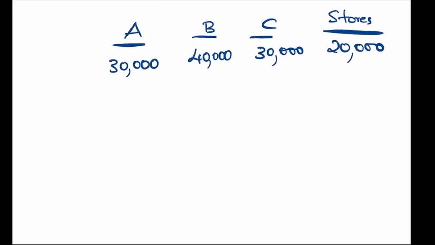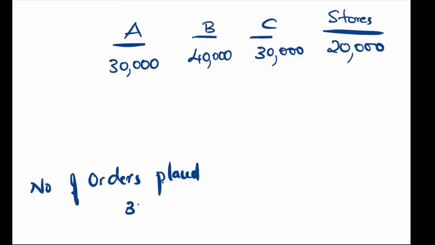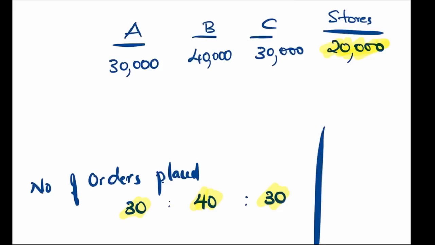The cost of the service department has to be given back to the production departments A, B and C. So let's say the number of orders placed was 30, 40 and 30. So the entire cost of 20,000 will be divided between A, B and C in the ratio of 30 is to 40 is to 30, that is 3, 4, 3.